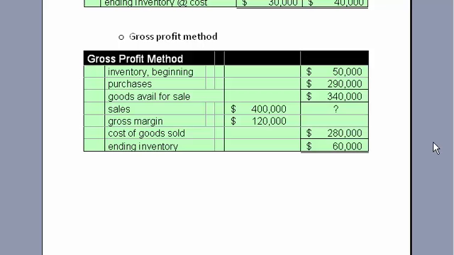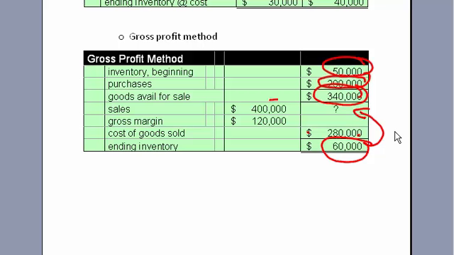So a company that turns around and says, okay, our beginning inventory is $50,000, we have purchases, so we now know our goods available for sale. If we could back into this ending inventory, we'd know the cost of goods sold. Well, if we know the cost of goods sold, we can back into this ending inventory. That's what I meant to say.